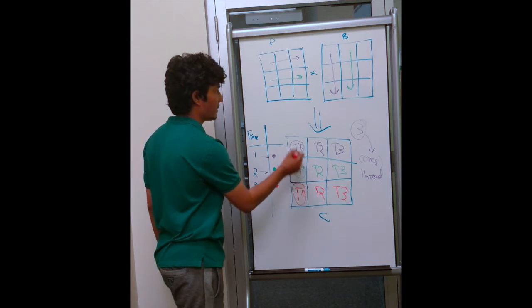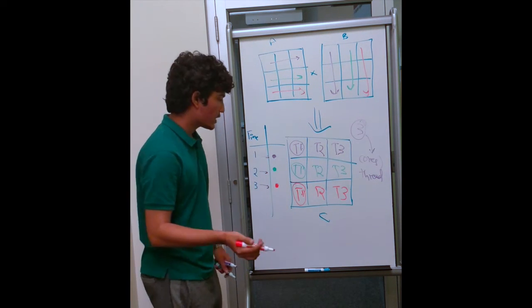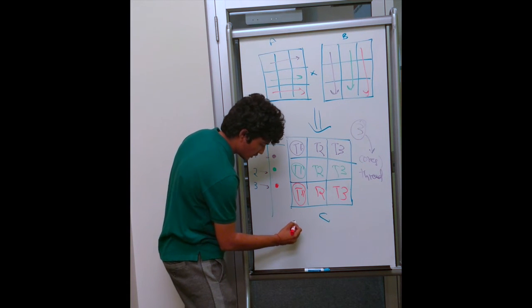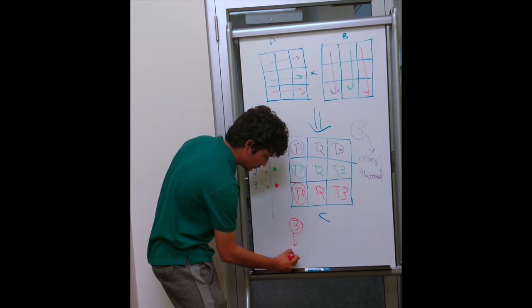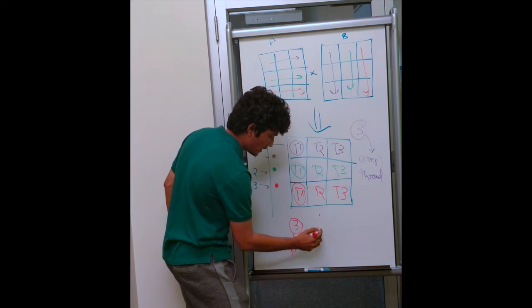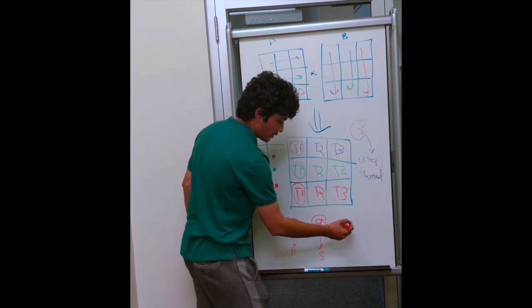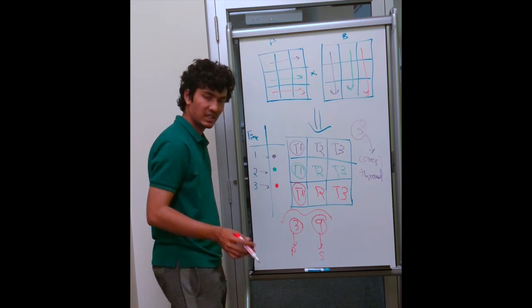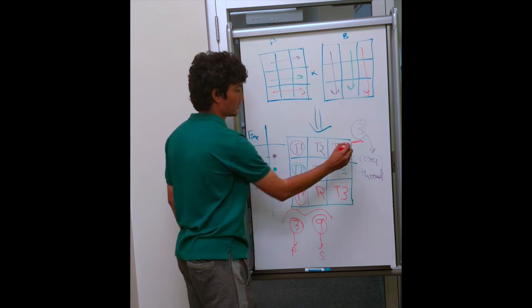You can see that the total time steps was just 3 in parallel. If I try to do this serially, the time steps would be 9. Hence, the time taken has clearly decreased by a factor of 3, and 3 is the number of cores.